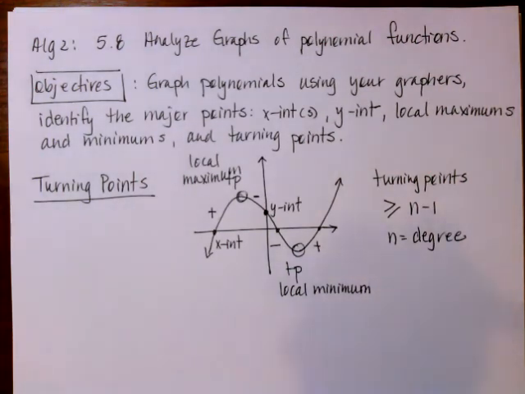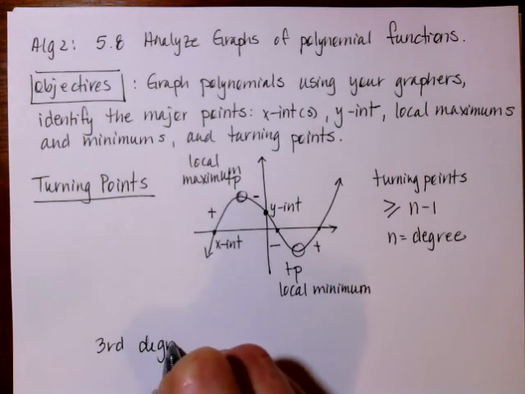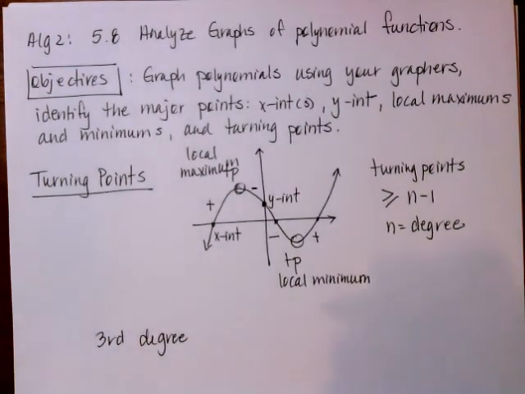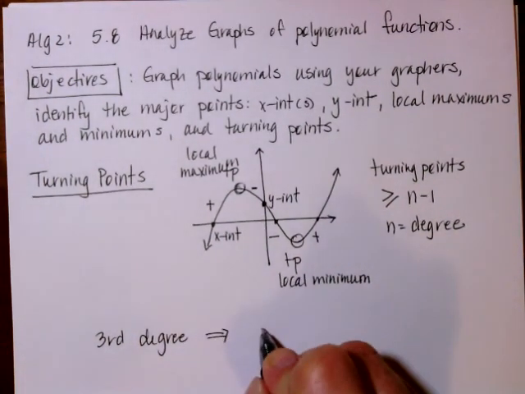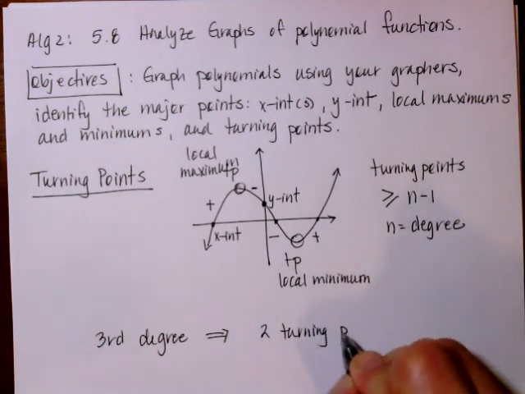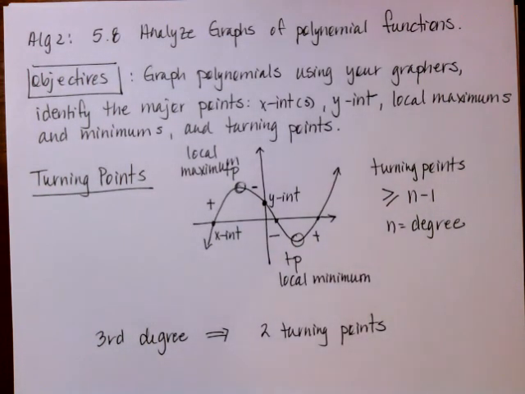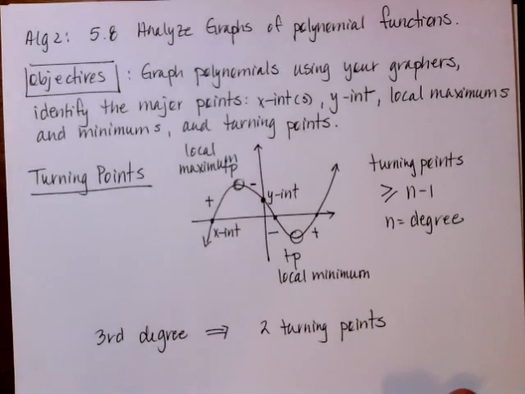All right? So for example, let's say I have a third degree polynomial, okay? Then I would have at most 2 turning points, which is kind of what we have in our example up above. So I have roughly a third degree polynomial, and it has 2 turning points where the graph changes directions.